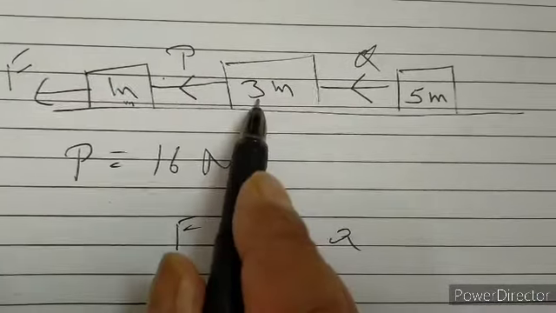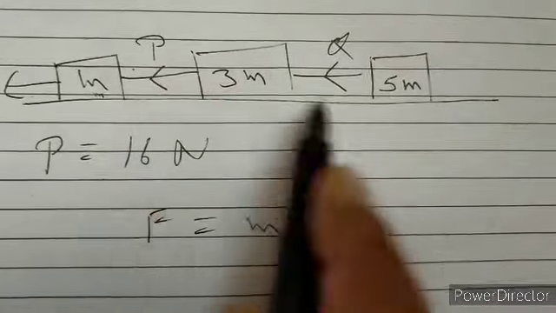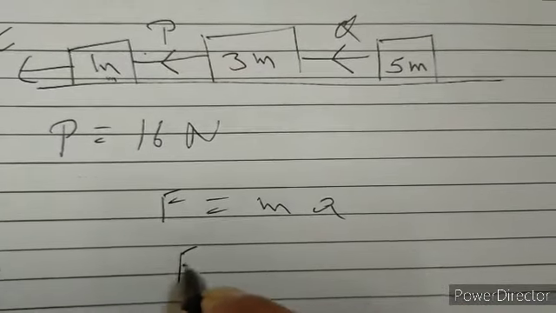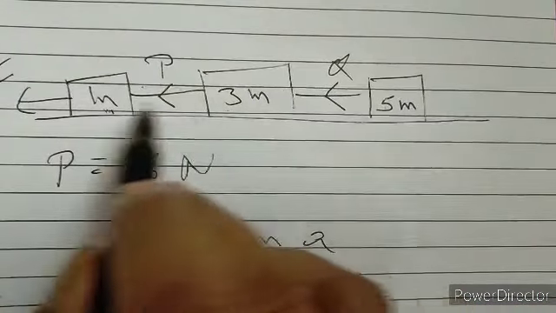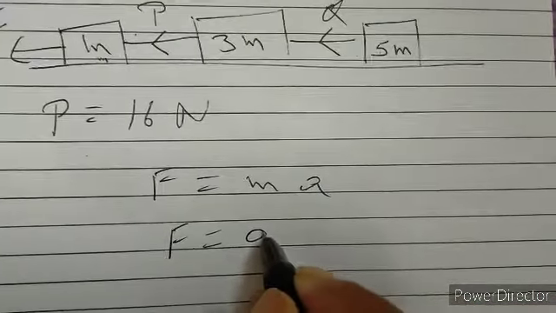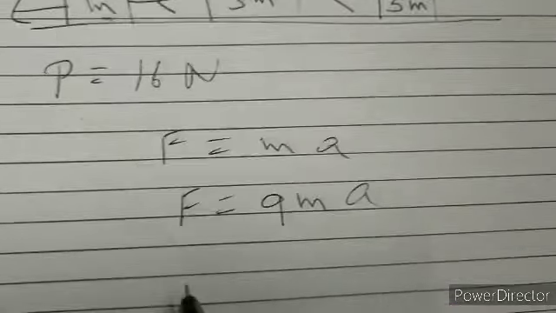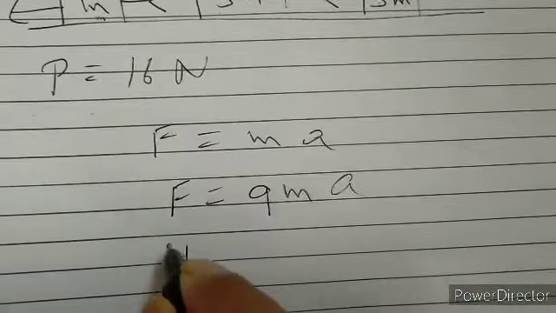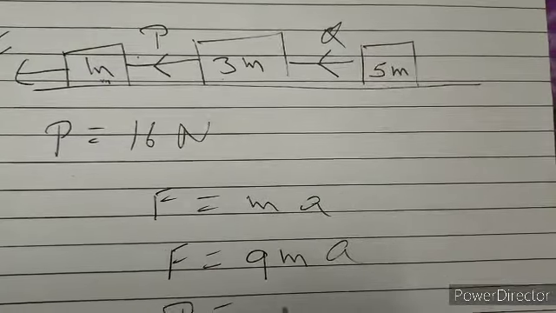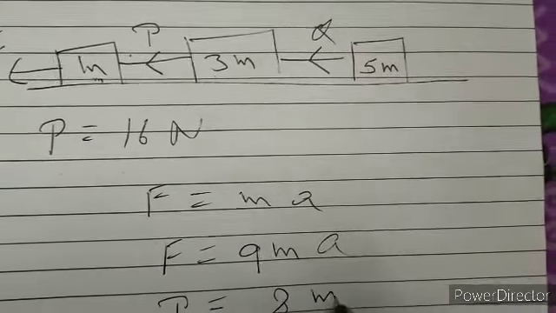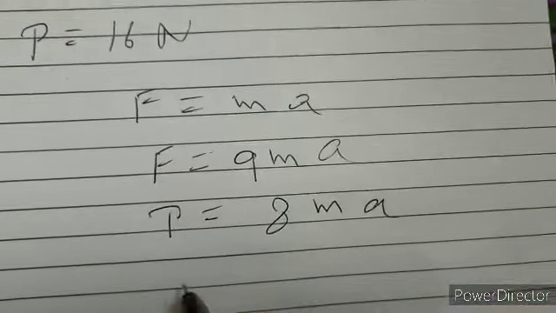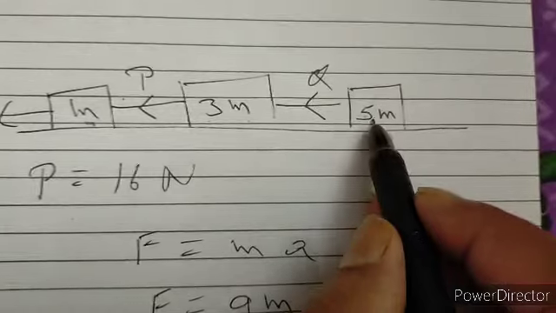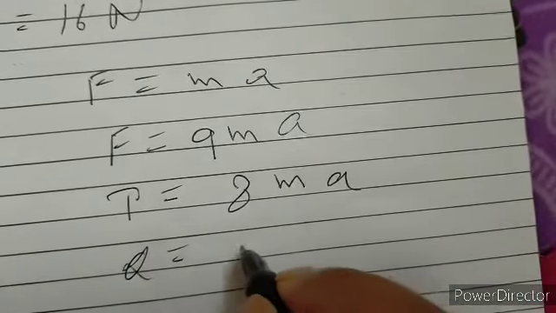For F, the total mass is M plus 3m plus 5m, so 9m. F = 9m A. For P, the mass is M plus 3m, 8m, so P = 8 Ma. Q is equal to 5 Ma.